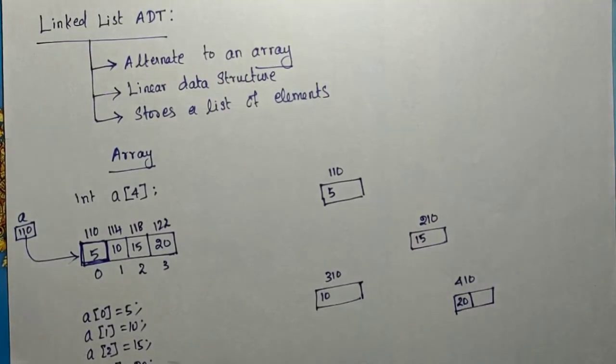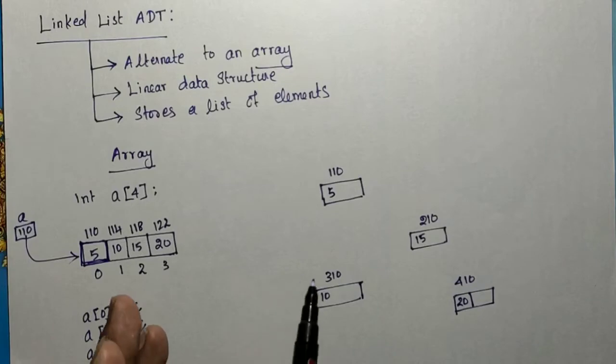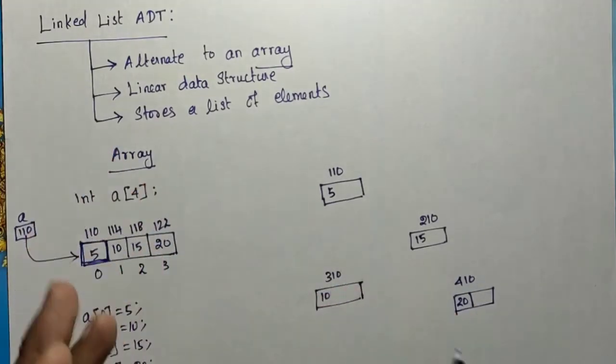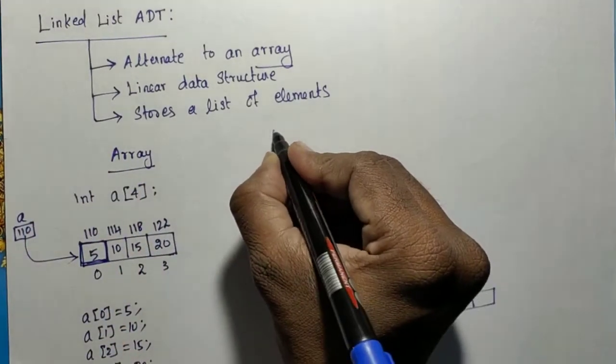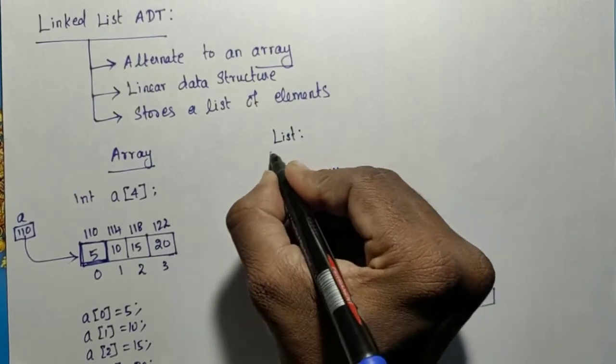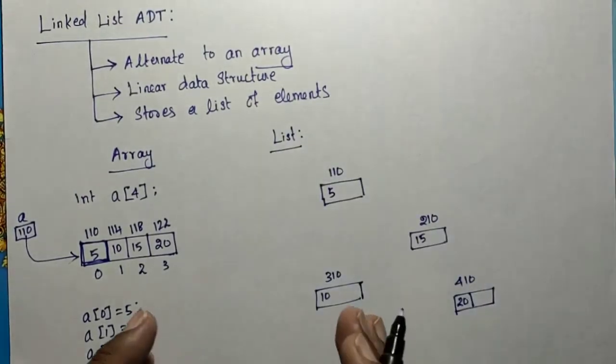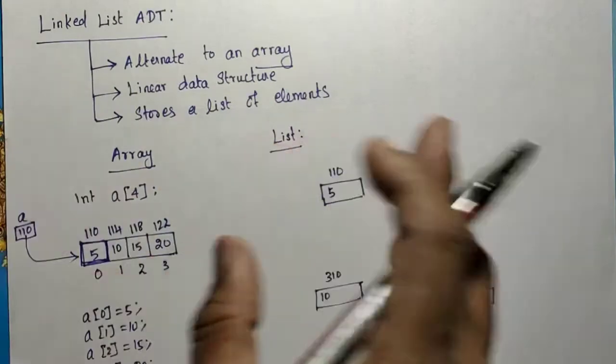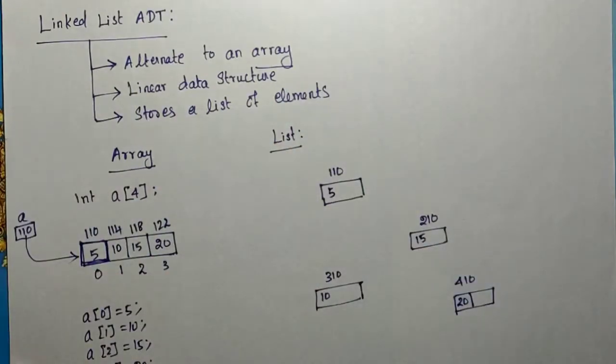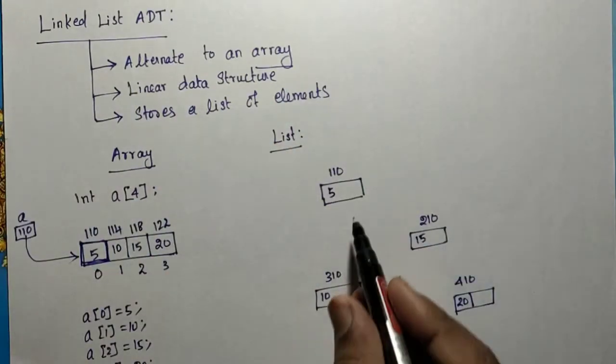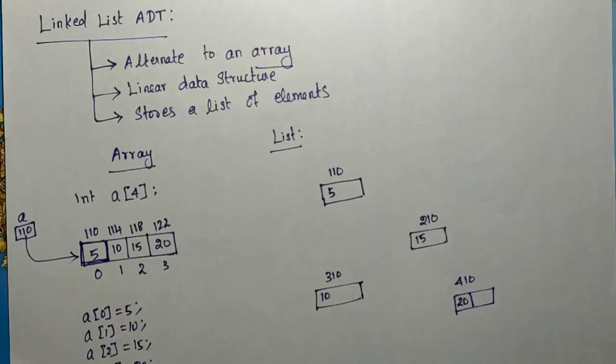So the elements will be distributed over the memory, but logically the elements will be linked together, and that forms a list ADT. If we are storing the elements in different memory locations, it looks like normal variables int A1, A2, A3, A4, but it is not like that.